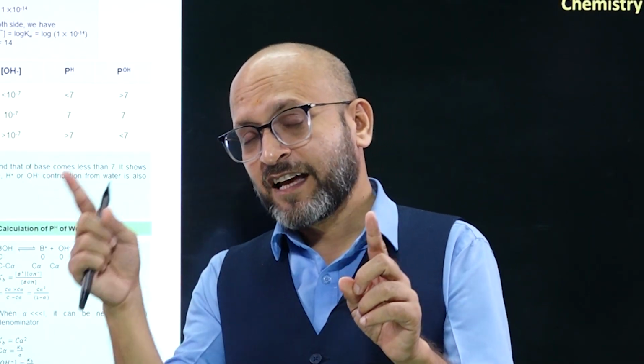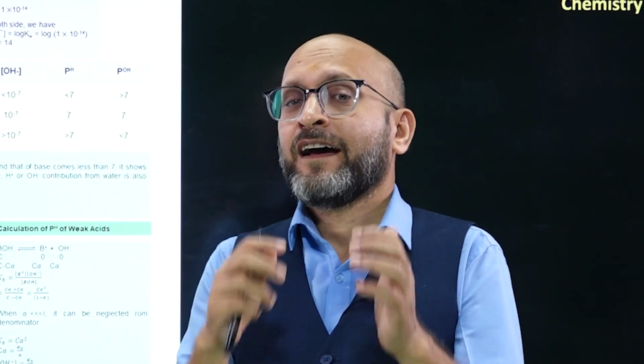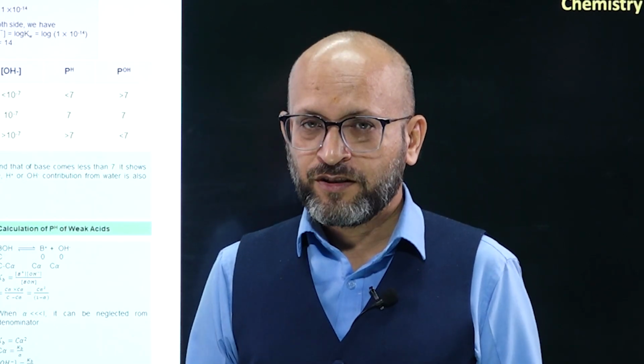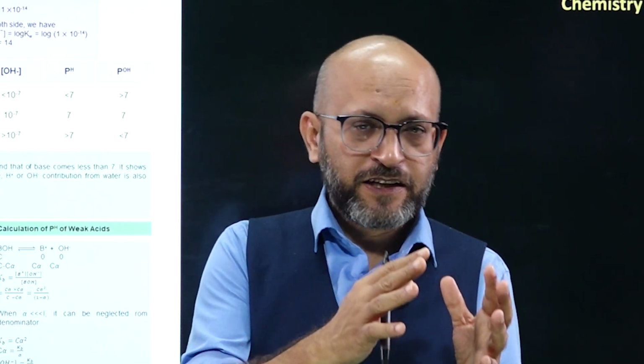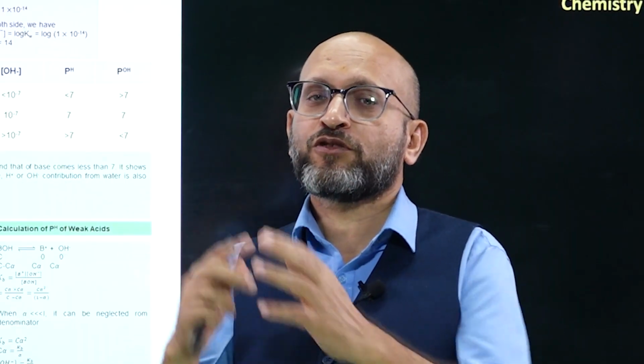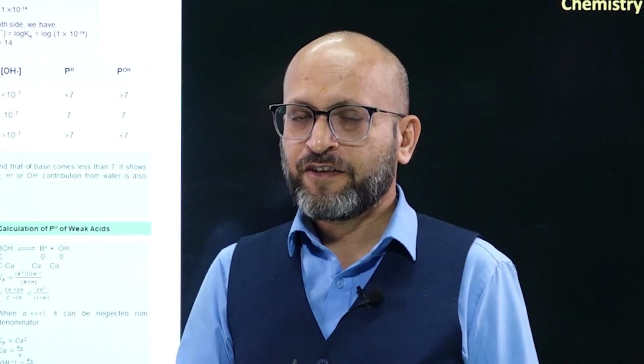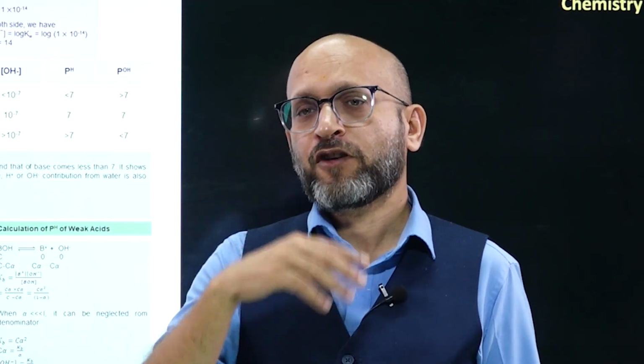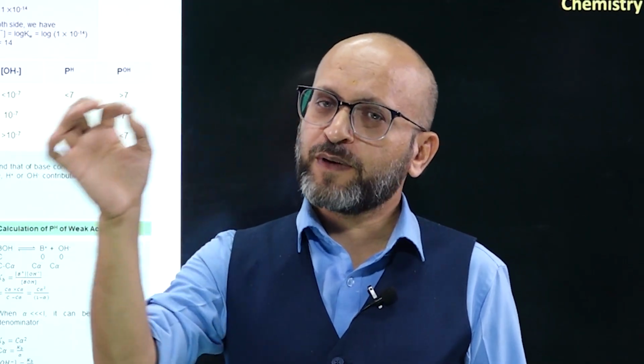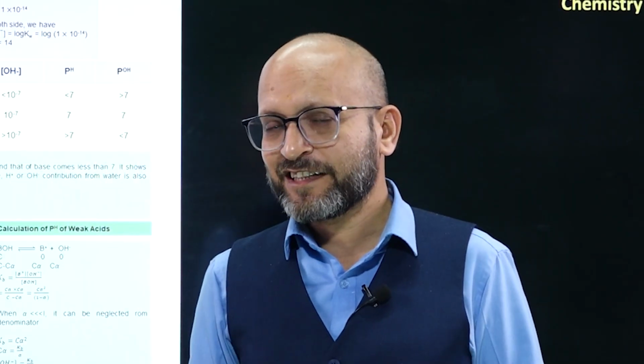Acidic solution with greater than 7 pH happens because these solutions are very dilute. So in such cases, H plus ions from water are also taken into account. Then you will get pH less than 7 for an acidic solution, and for a basic solution you will take OH minus ions produced by water as well.